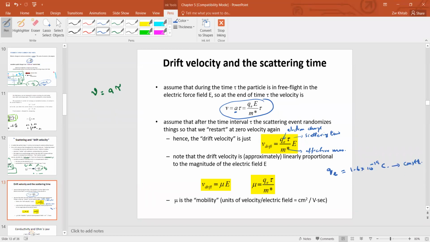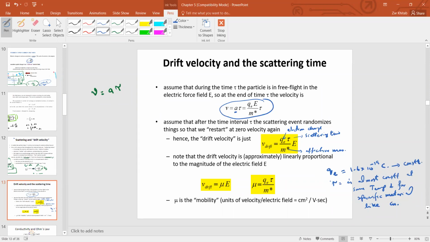Tau is almost constant at some temperature and for a specific material like copper.